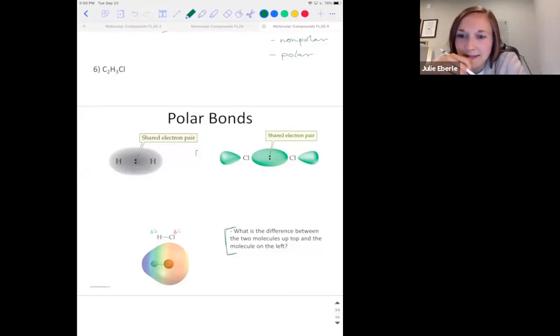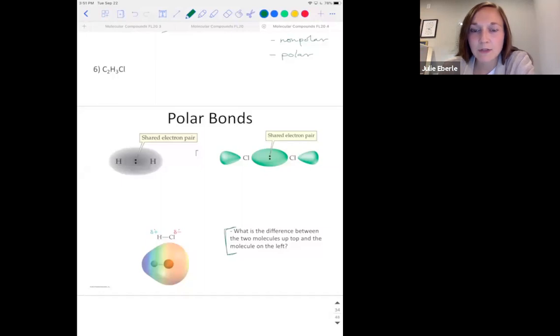The line. Dallas, I don't know. I'm going to say sure, but I don't really know what you mean. But Bailey was right. We've got two identical atoms in the molecules up top, and we've got two different atoms in the molecule down below.